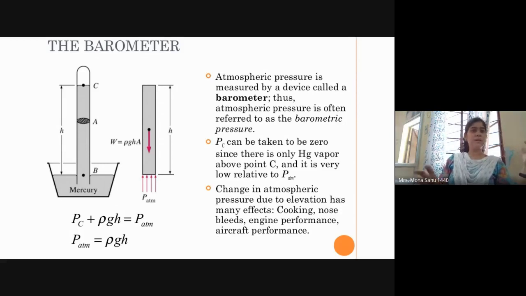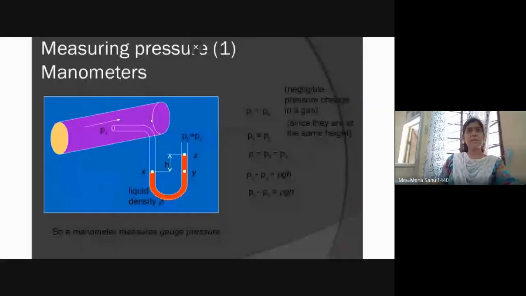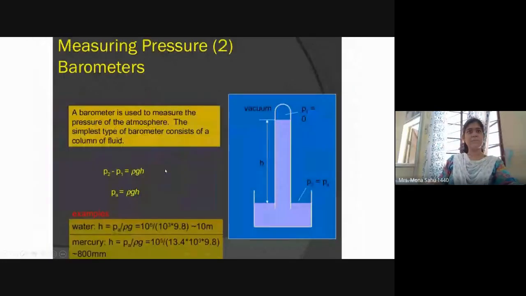You can use the formula rho g h to calculate atmospheric pressure, which changes with respect to temperature and altitude. So it's the same thing here.